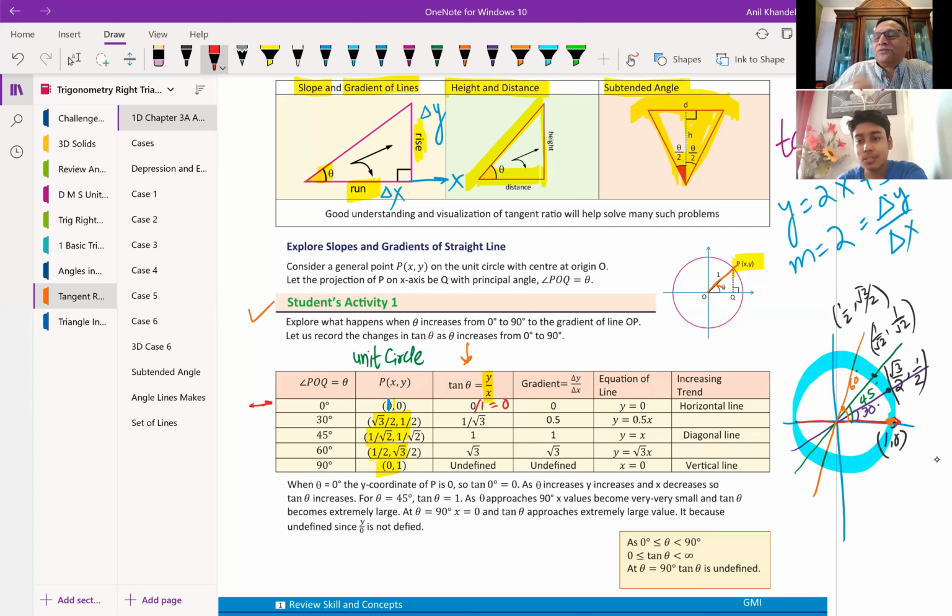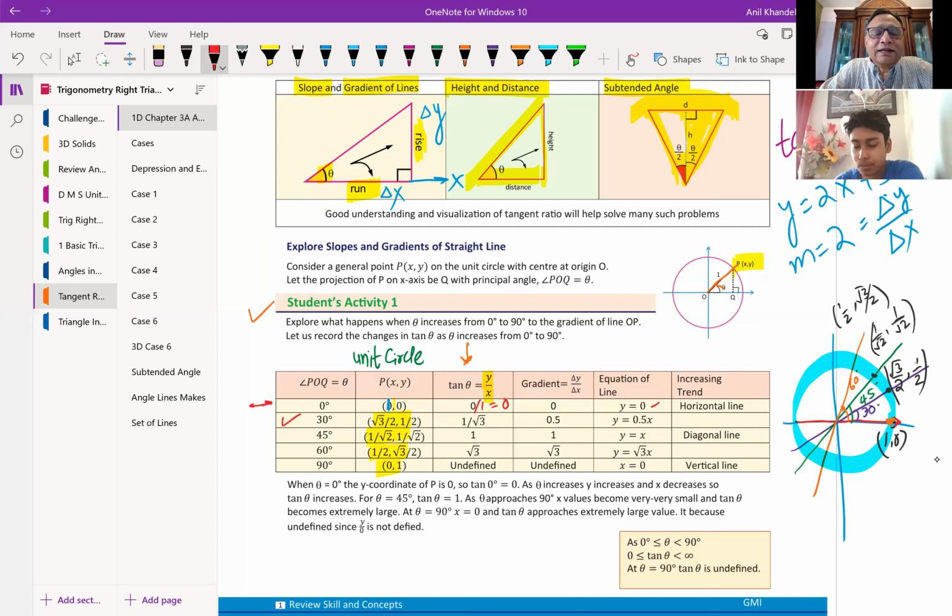You know the slope is 0 for a horizontal line, the x-axis, and the equation of the line is y equals 0. So from the angle, we found the equation of the line also. Both are the same, slope and tan theta. That's what I'm trying to emphasize. Correct? Okay, yes, sir.